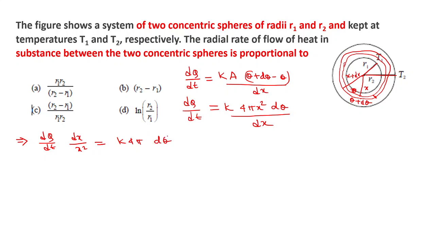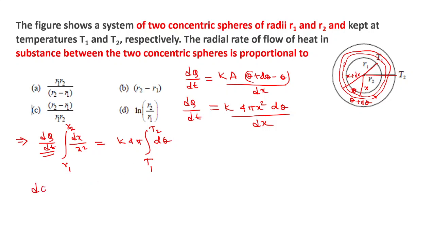Got it? Now we have to solve the rate of heat flow, that means dQ by dt, for radius r1 to r2. So just try to understand, we have to take the limit from r1 to r2, and for r1 to r2 the temperature at r1 is T1 and at r2 is T2.